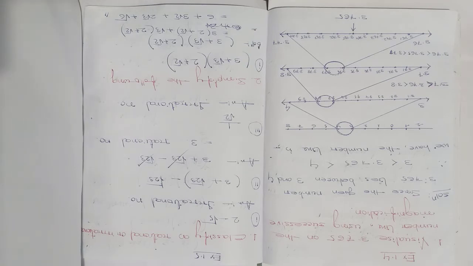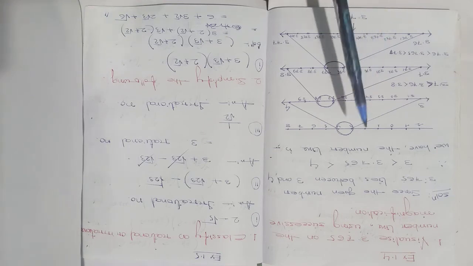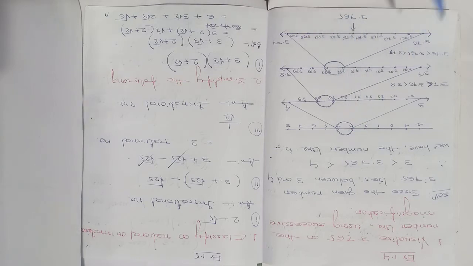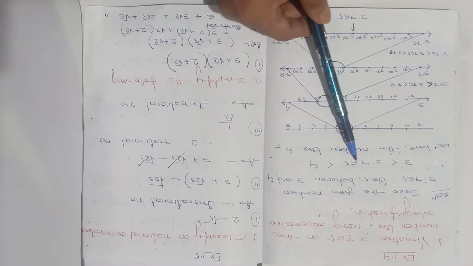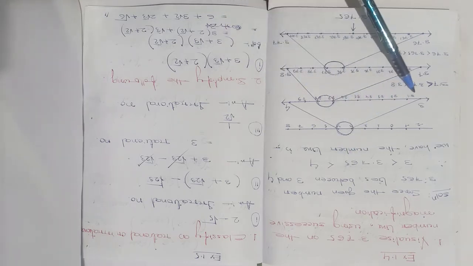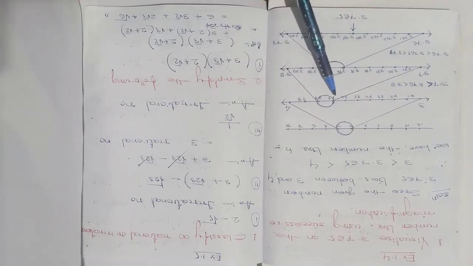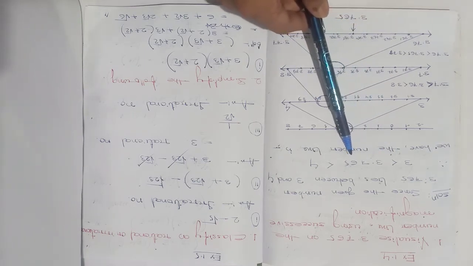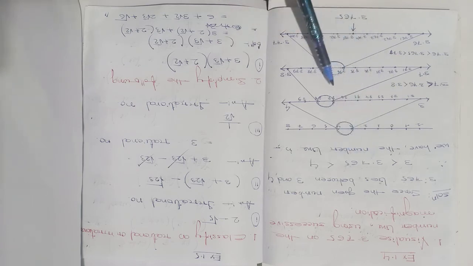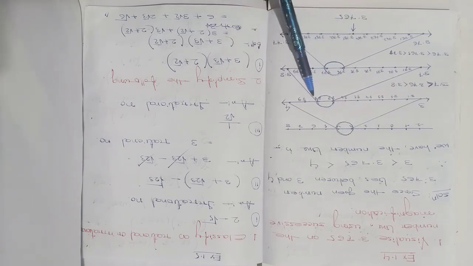In this number, the question is 3.7. So first you consider the first digit after the decimal. After the decimal, the first digit is 7. So 3.7. So we have to locate 3.76 in this number line, because this 3.7 we already have here and 3.8 is here. Now 3.76 lies between 3.7 and 3.8.